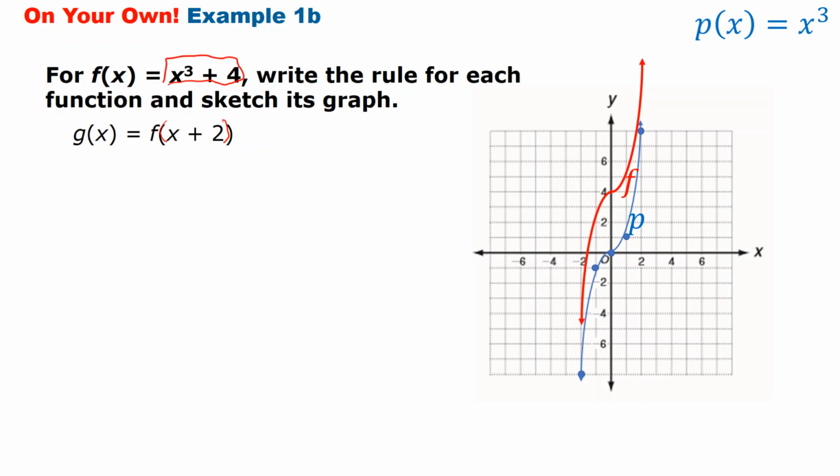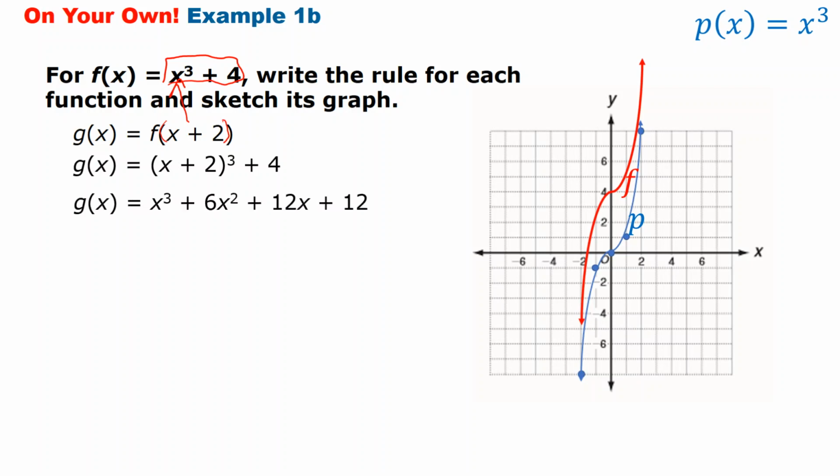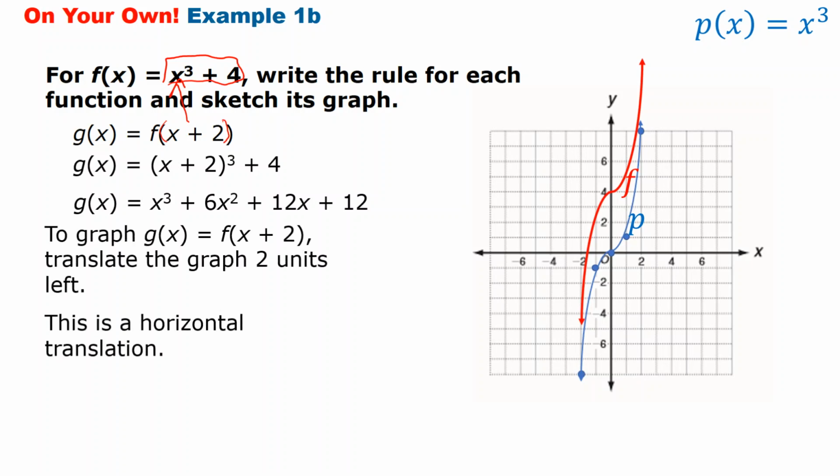So we need to fill in this equation right here. In every place we see x, we're going to put in x plus 2. And so there that is. Now you don't have to multiply it out, but you can. And so there it is. Really, as long as we understand the rules here, this time we're just going to take our f and have a horizontal translation to the left by 2.